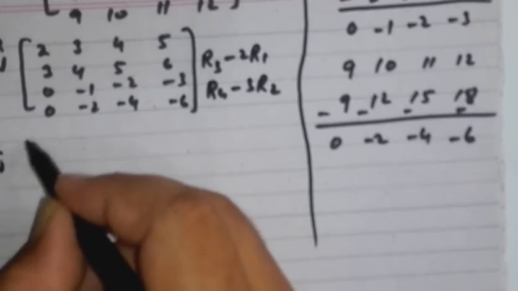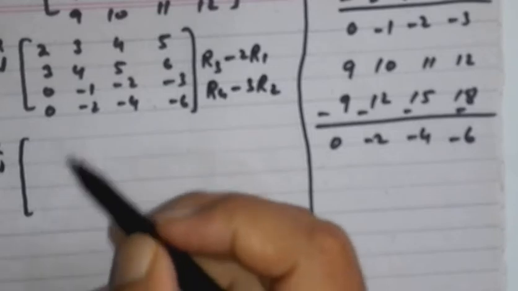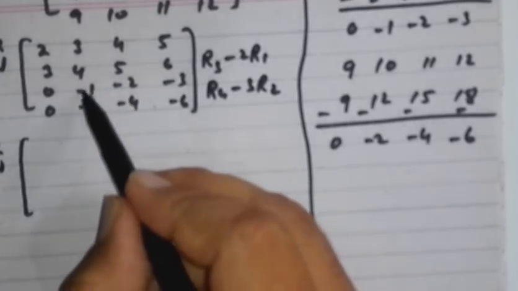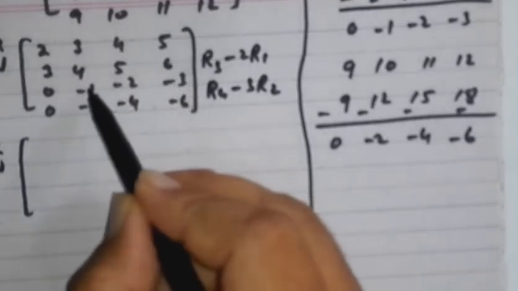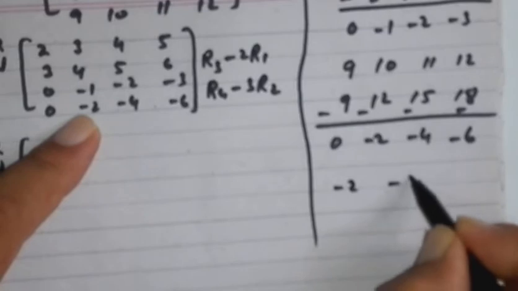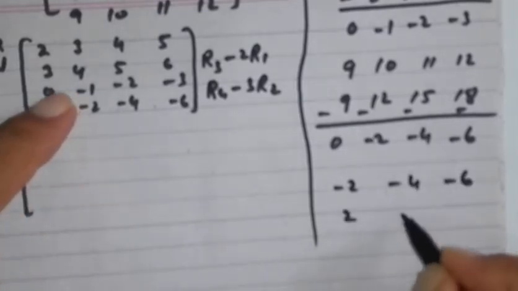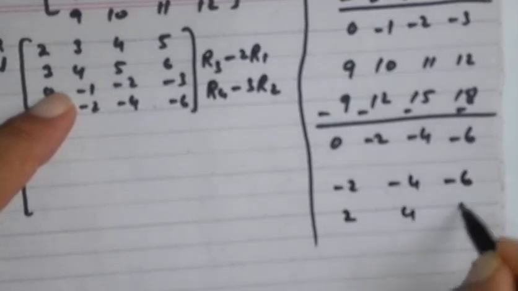Now row operation. Multiply this row with -2 and then add with this. So write it: -2 -4 -6, and multiply it with -2, we get 2, here we get 4, and here we get 6.